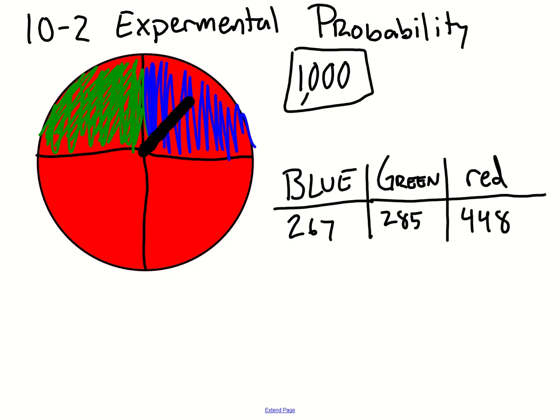Now, if we were to look at this, we would say, well, blue should be 1 out of the 4 sections. It should be a 25% chance.